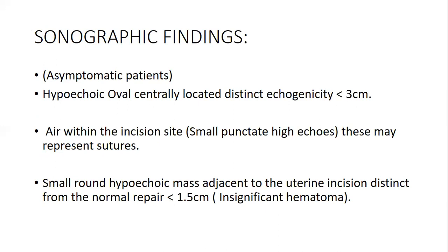So what are the sonographic findings? For symptomatic patients, and for asymptomatic patients, those who are not presenting with any clinical findings, the following can be found. One, you may find a hypoechoic, oval, centrally located, distinct echogenicity lesion, which can be less than 3 centimeters.